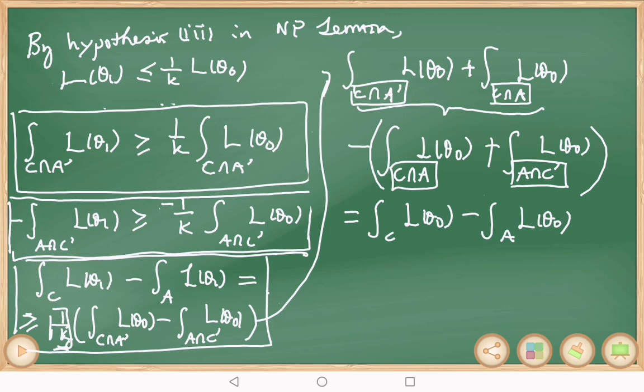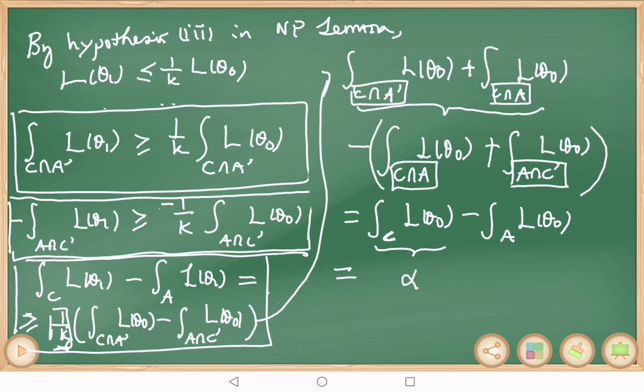But once you get this, then we are in business, because by definition this part here is equal to alpha. This is basically just the probability of rejecting the null hypothesis when the null hypothesis is true, right? Because you are integrating with respect to the region C, the critical region.